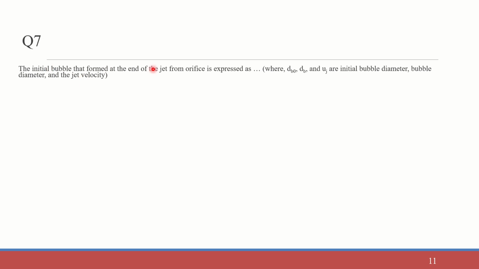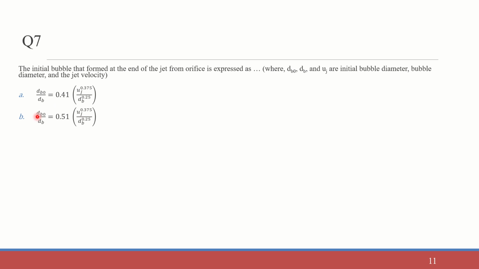Option A: dB naught by dB is equal to 0.41 into Uj power 0.375 divided by dB power 0.25.